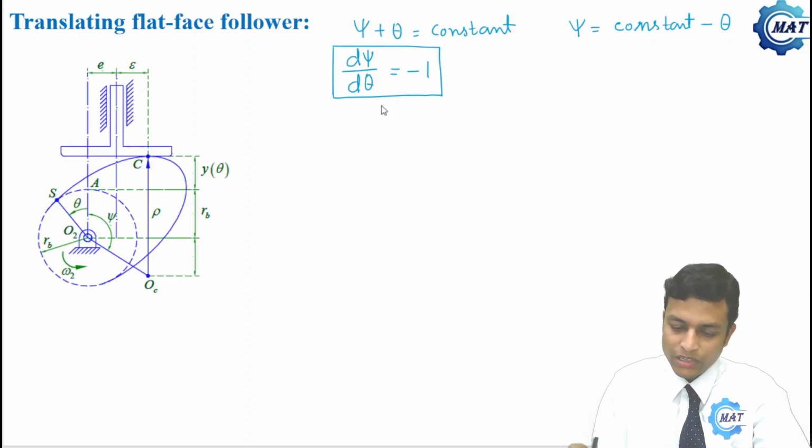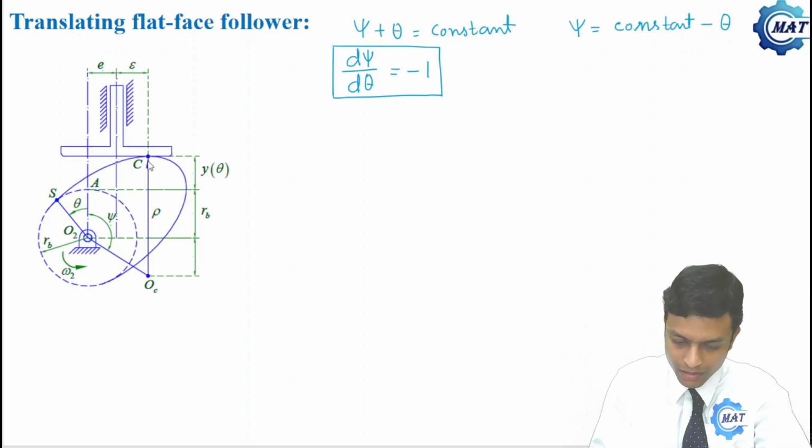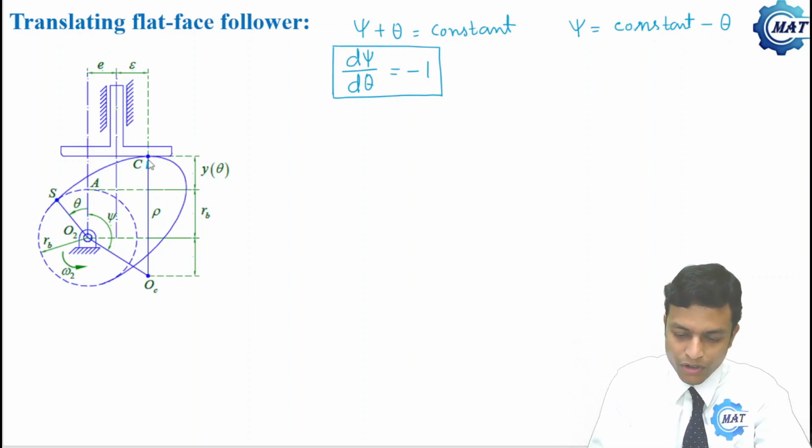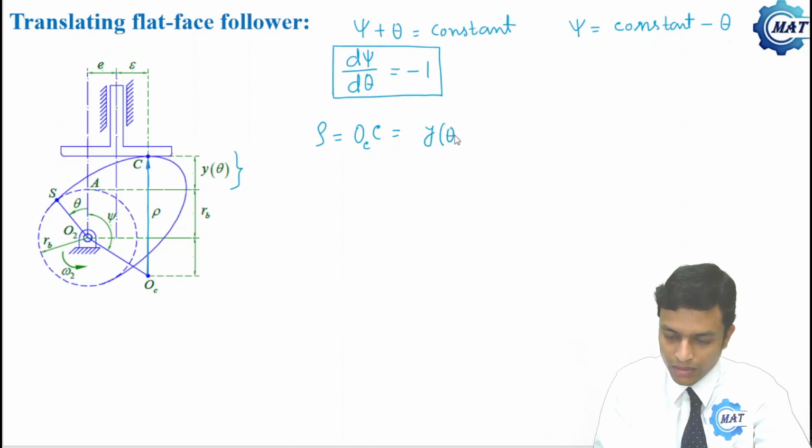Now what is the expression of rho? Rho is the radius of curvature of the cam profile at the point of contact C. So rho equals OC C, which is y of theta plus RB plus this amount.